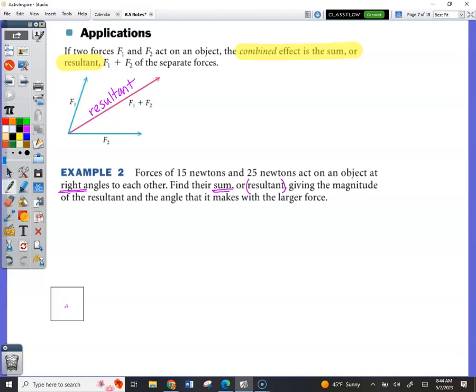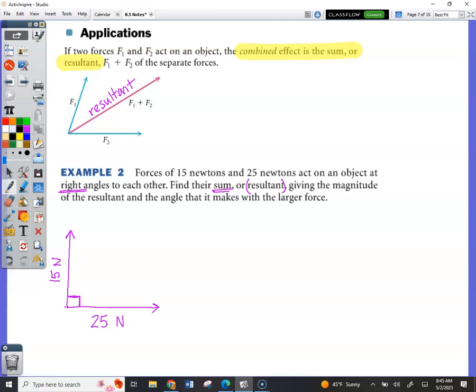So if they form a right angle, that would imply you have one going up and then you have one going to the right. And then I'm going to draw that this is a right angle right here. So I've got my two forces. I do want to label them. This is 15 newtons, and then this is 25 newtons. Doesn't matter which one you put where.